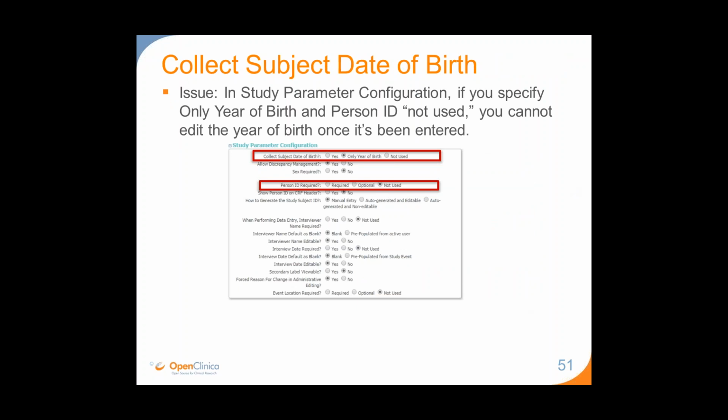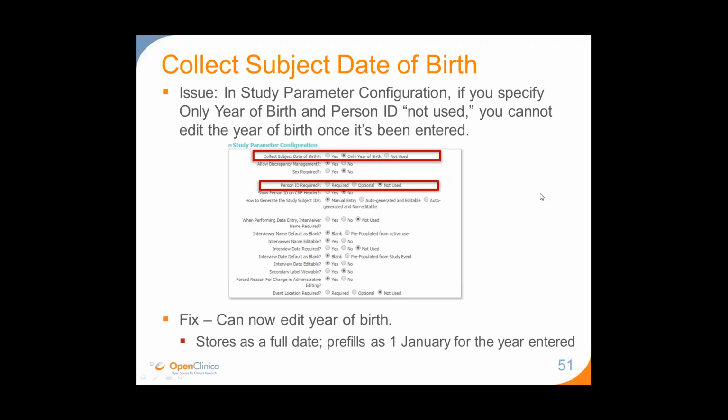Regarding the subject date of birth, in the study parameter configuration screen, there's lots of questions on that page, but the two I'm going to focus on are collect subject date of birth and person ID required. Prior to version 3.7, if you specified only year of birth and person ID not used, it would not let you edit the year of birth once it was entered. So you now can edit the year of birth once it's entered.